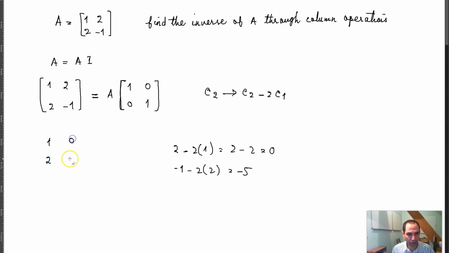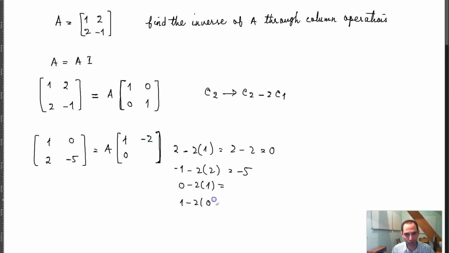So this becomes 0 and -5, and this becomes A. And over here, again, the first column remains unchanged. The second column becomes 0 minus 2 times 1, which is equal to -2, and this becomes 1 minus 2 times 0, which is basically 0. So this remains as it is.